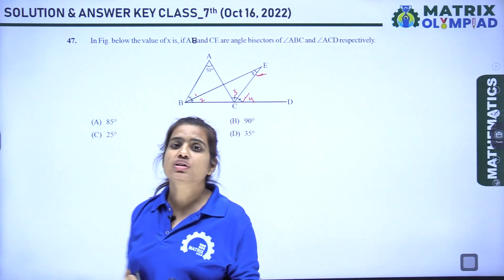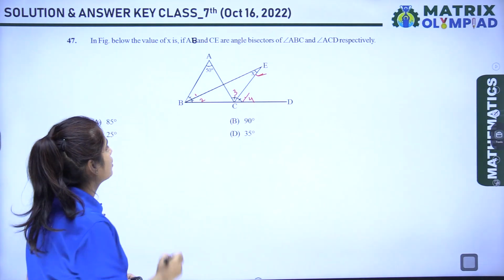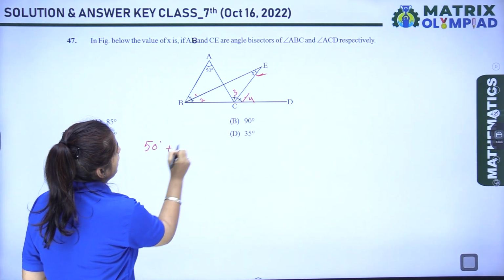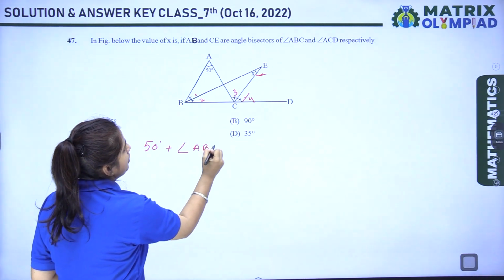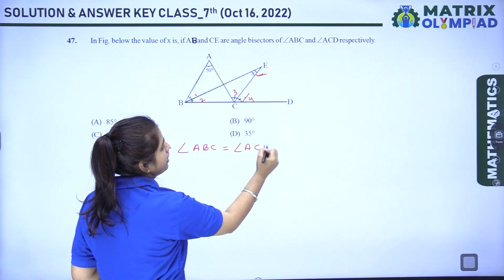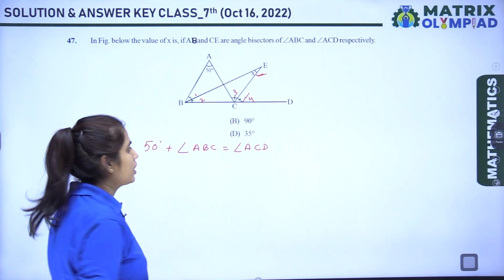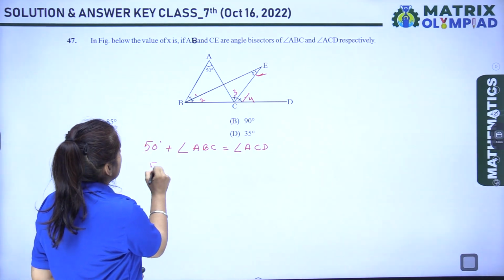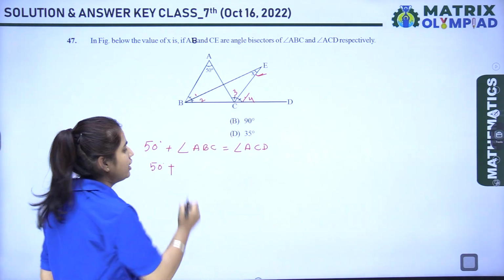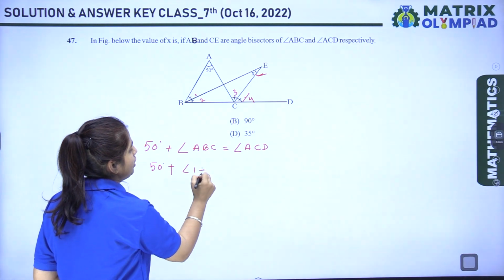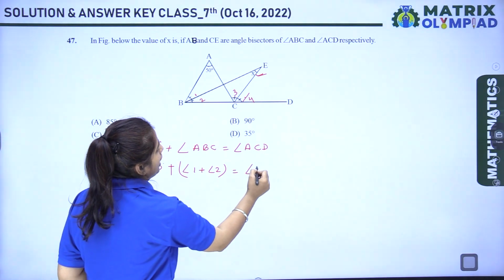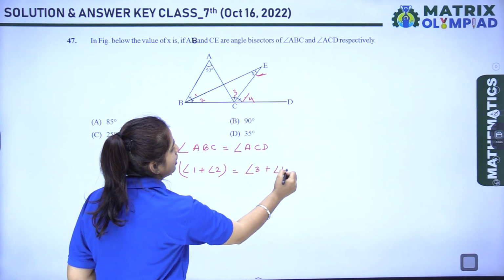Now let's use the exterior angle property here. 50 degree plus angle ABC is equal to angle ACD. This is the exterior angle property. So 50 plus, in place of angle ABC, we can write angle 1 plus angle 2, that is equal to angle 3 plus angle 4.